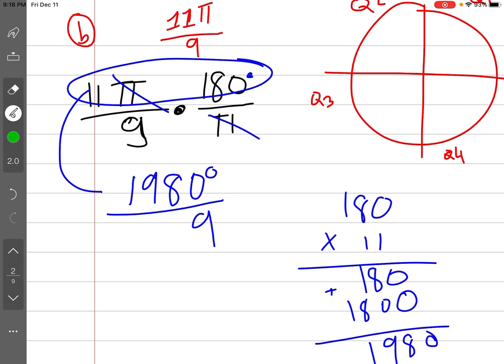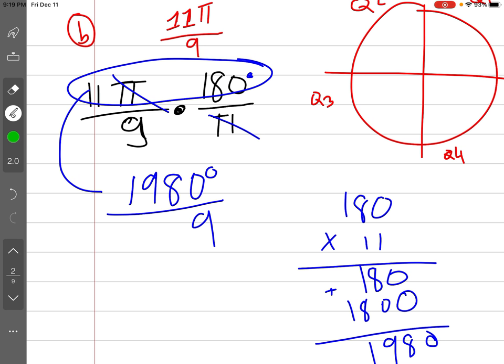Okay, let's use green. So if you need to use your calculator, you can. If you don't, just do your best to get this answer by your brain, like me sometimes. So 1980 divided by 9.